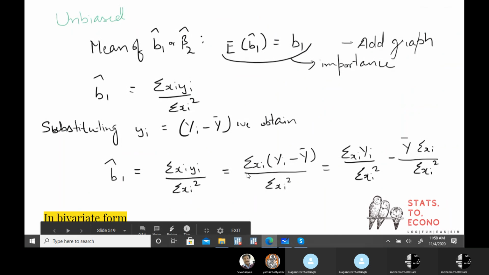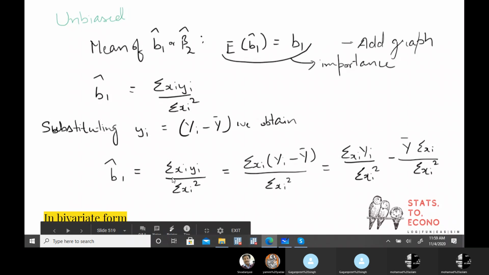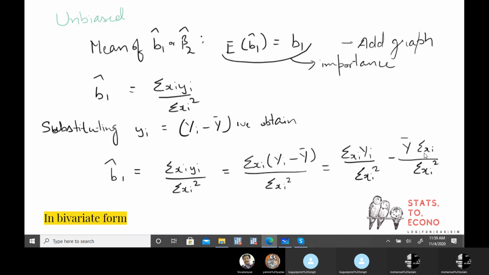Now just break it down. Put the yi values, y minus y mean, then multiply this with the summation. Here, since y's mean is a constant, it comes out of the summation, as I also explained in the beginning with the properties of summation. Now here it's summation xi.